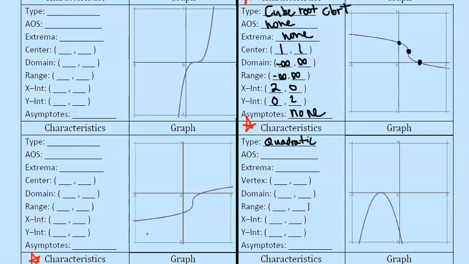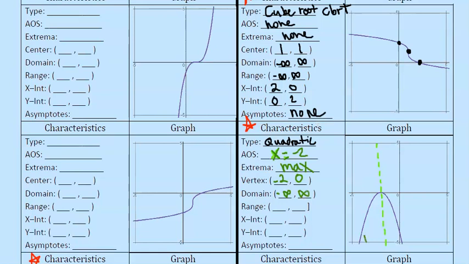The axis of symmetry is when the line goes through the vertex, and that would be at x equals -2. The extrema, this is a high point, so that's a max. The vertex is at -2 comma 0. The domain is all real numbers.